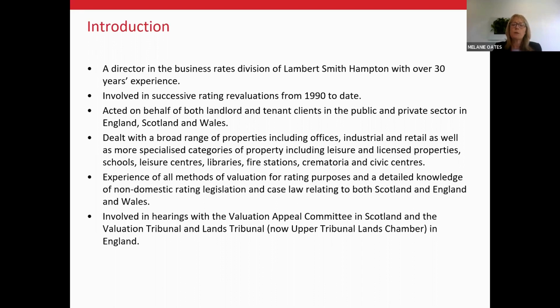Dealing with these properties has also meant I've had to deal with valuation tribunals and valuation appeal committees in Scotland, where we have to present a case if we can't come to an agreement with the Valuation Office Agency. So enough about me, and I'll move on to the important topic of business rates and how to keep those costs down in your business.